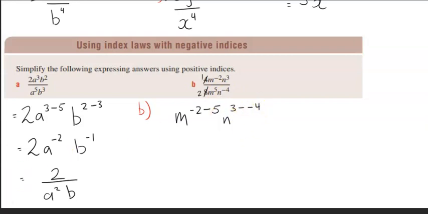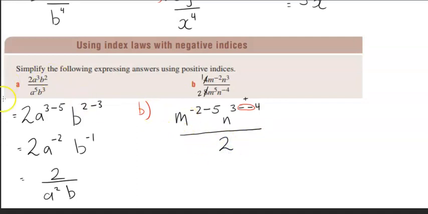Now two negatives will turn into a positive. So this is just n to the power of 3 plus 4. And remember, this half, we've already done the simplification, so this is technically going to be all over 2.